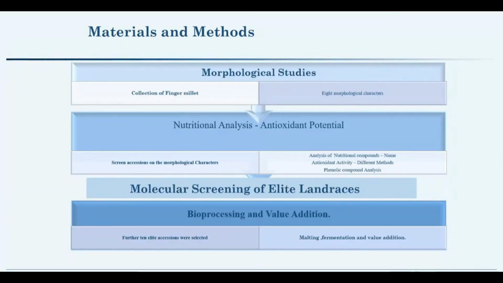So here you should not emphasize the nutritional qualities. For example, if the plant is medicinal, then you can emphasize the antioxidant potential of the plant. So what I would like to tell you here is that as per the plant material, you have to fix your objectives.